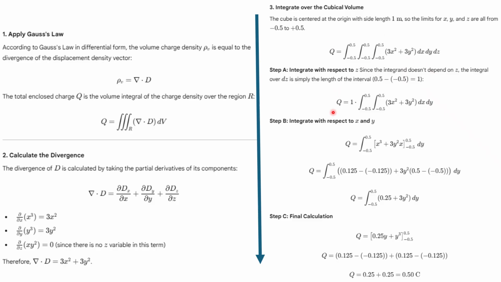Now just integrate it and nothing else. For the integration, you integrate first with respect to dx, then again dy, then dz, and finally you will get the value of 0.5, that is Q. So from here onwards there is nothing except the integration. So first divergence, second integration, finally your charge is 0.5.